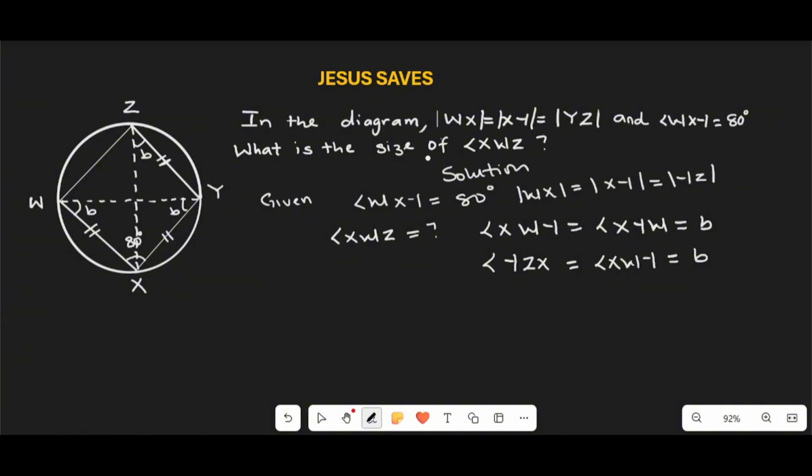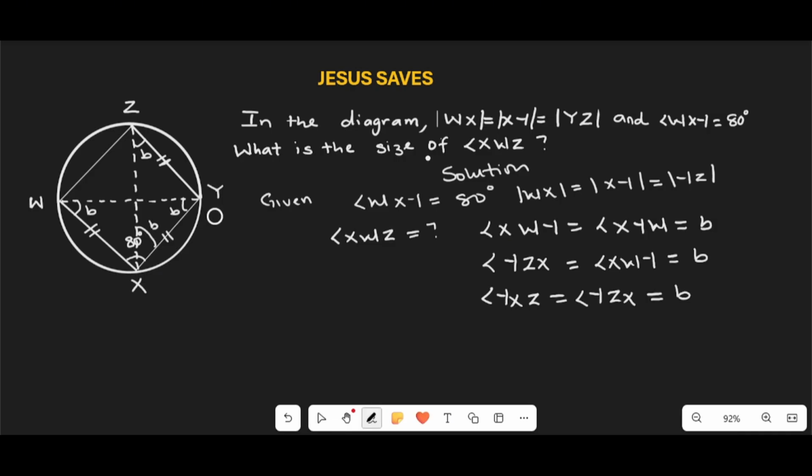So I can say angle YZX is equal to angle YXZ. So angle YXZ equal to angle YZX equal to B. So I can say this angle is B.